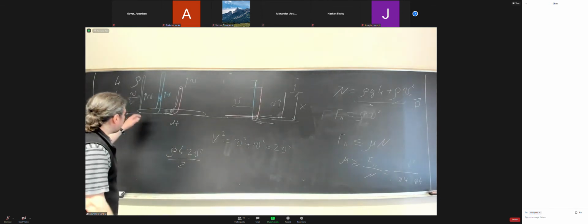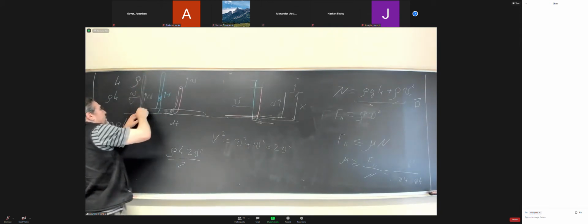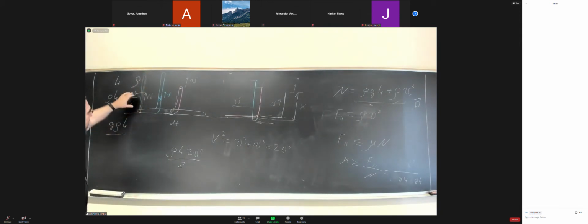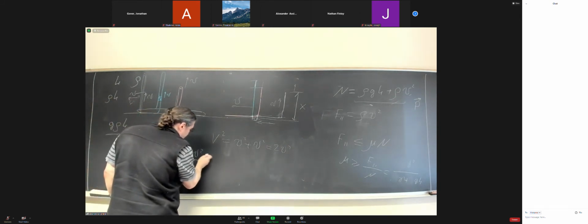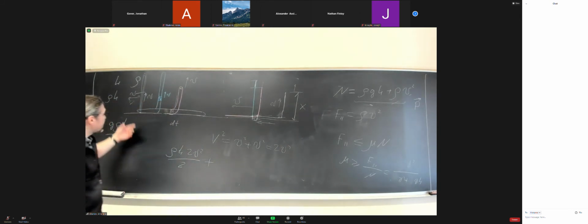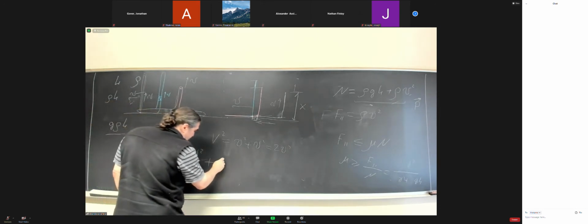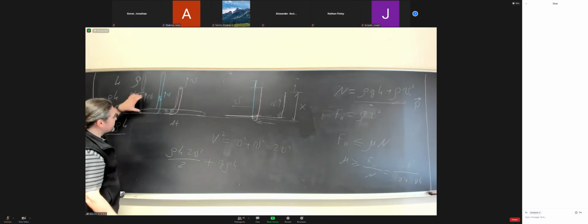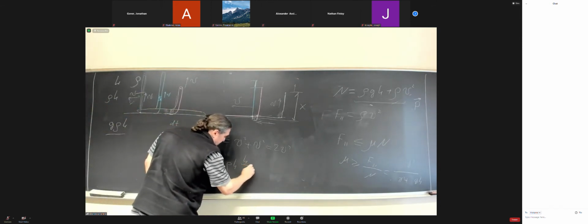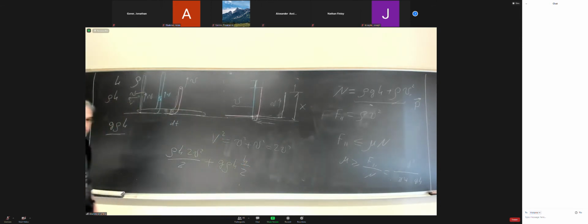And the total potential energy: your snake is staying here, so its total potential energy is just the potential energy of its center of mass. It's g times the mass, rho L, times the height of the center of mass, L over 2. Right?